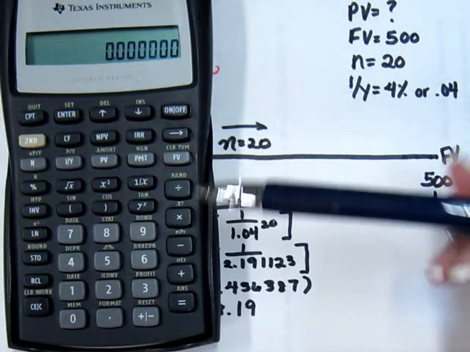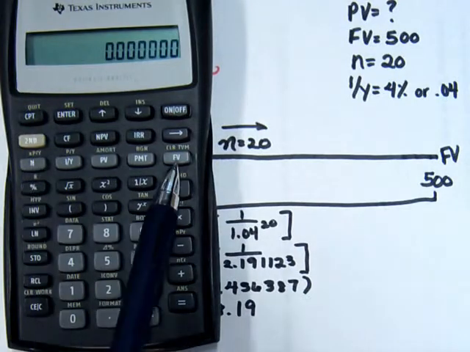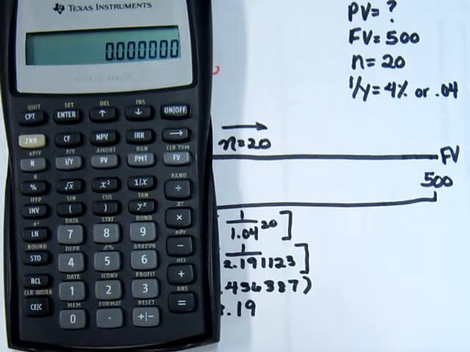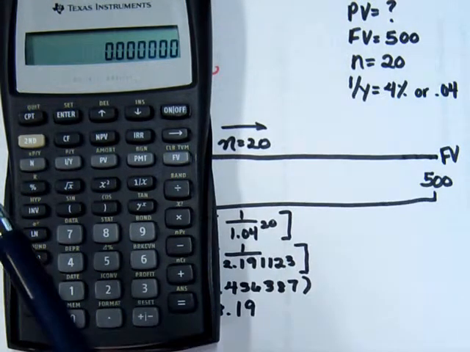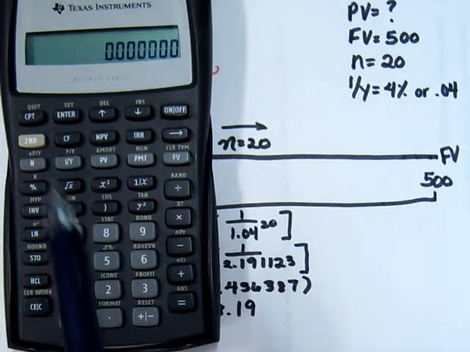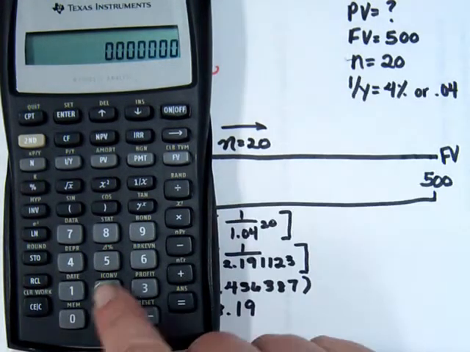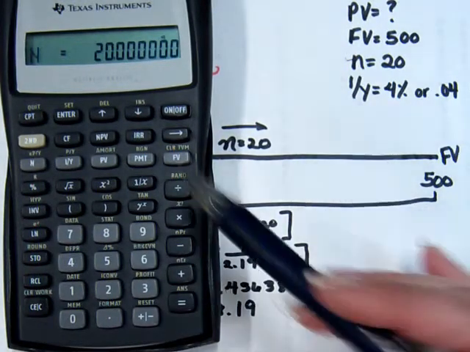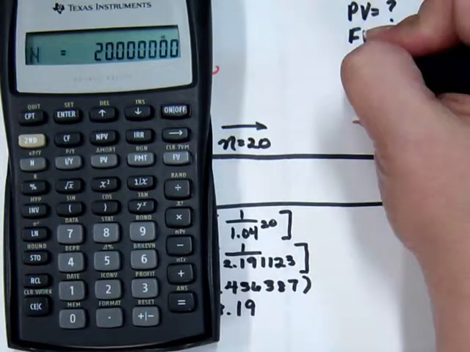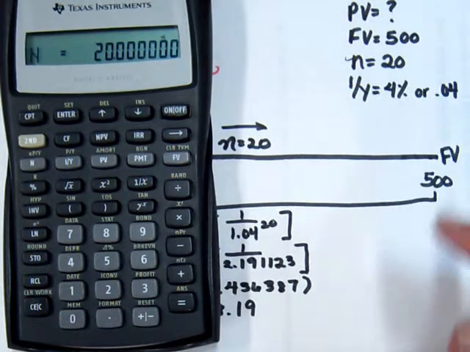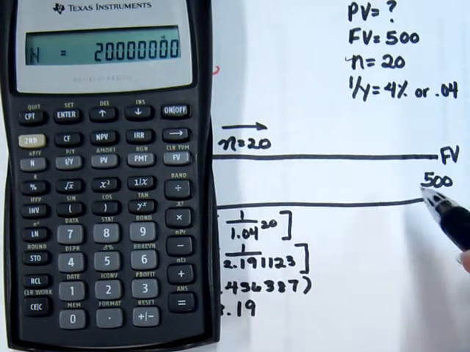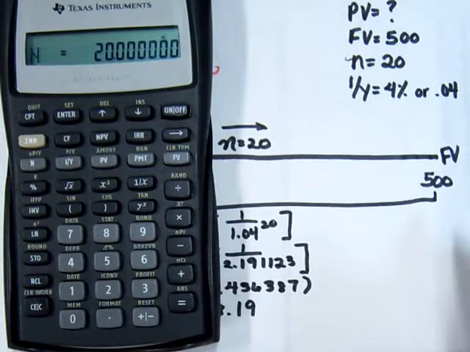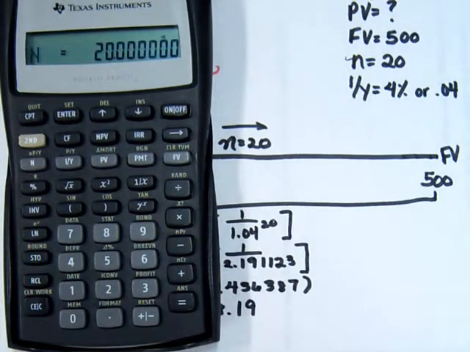Now I think it's easier to just move left to right so that you make sure that you enter everything into the calculator. So we're going to enter into the N, which is this first button on the left, 20. So we have 20 is in. And until you get used to working with the calculator, I'll go back and I'll check off what I've already entered. You don't have to do that. That's just something that I've seen students do as they are learning how to manipulate formulas.